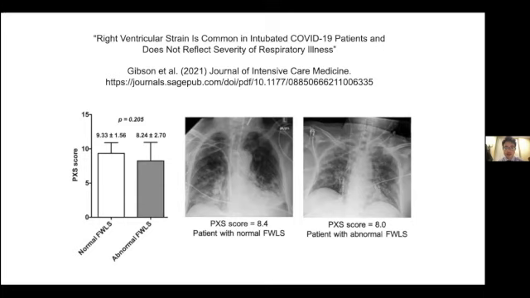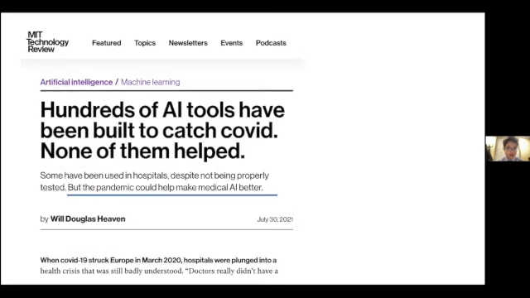So what we showed here is that patients who have right ventricular free wall longitudinal strain could have a normal PXS score or an abnormal PXS score, and the severity of lung disease is not really the determining factor for RV strain.